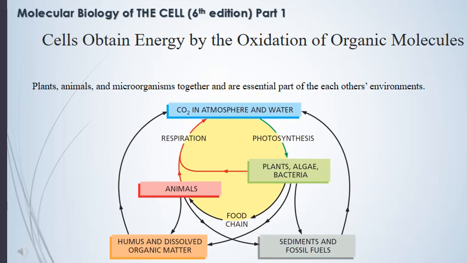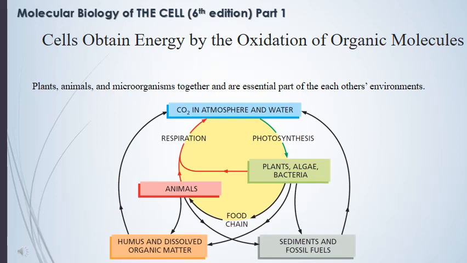When plants and algae die, they produce sediments and will decompose into fossil fuels. They can produce humus for new plants to be nourished. The plants are food for animals.